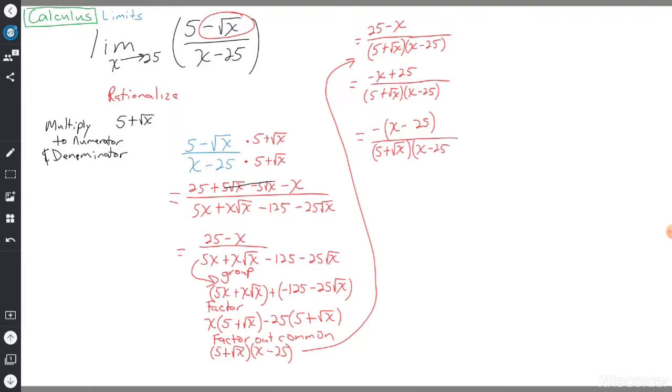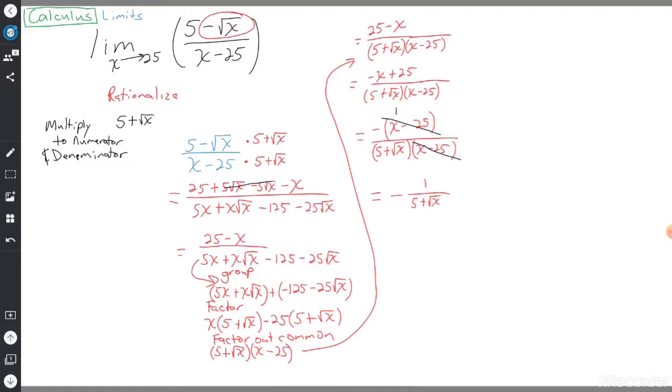And now look at what we can do. We can cancel, since this goes into itself one time. Now we have negative 1 over 5 plus the square root of x.